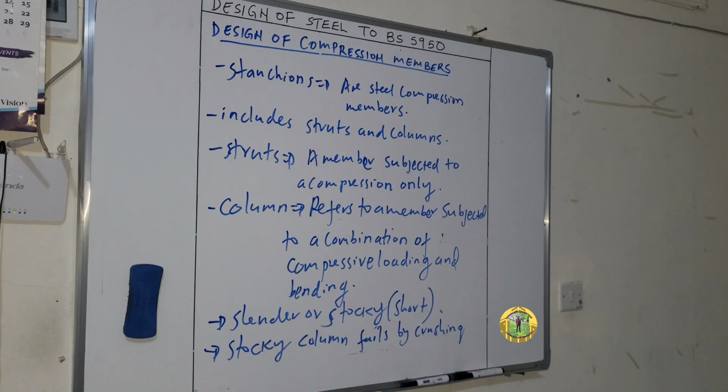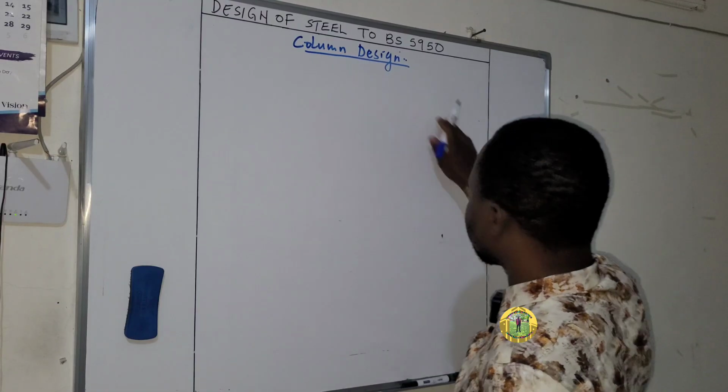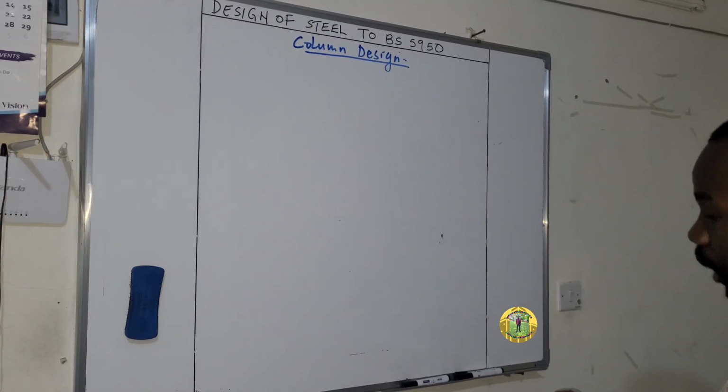So let's now talk about column design. Design of column is considered under the following.